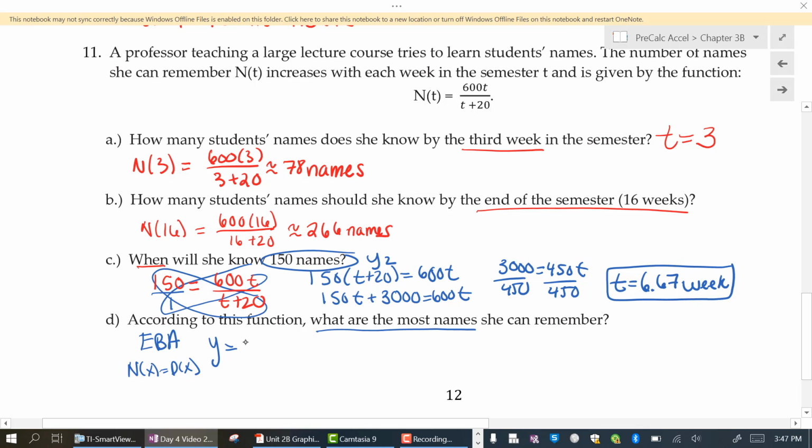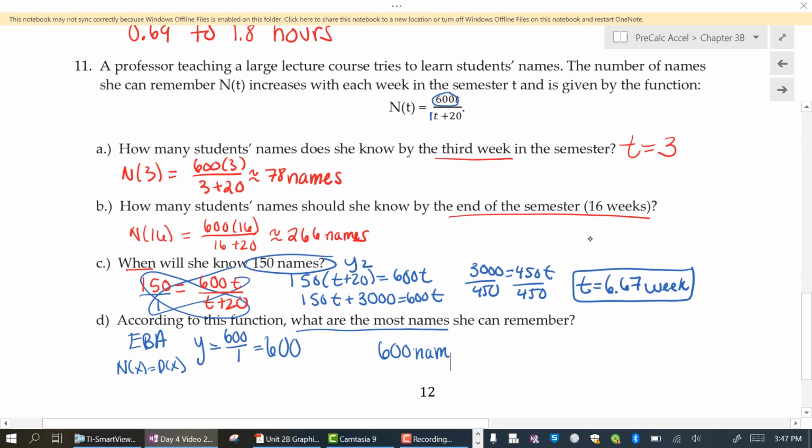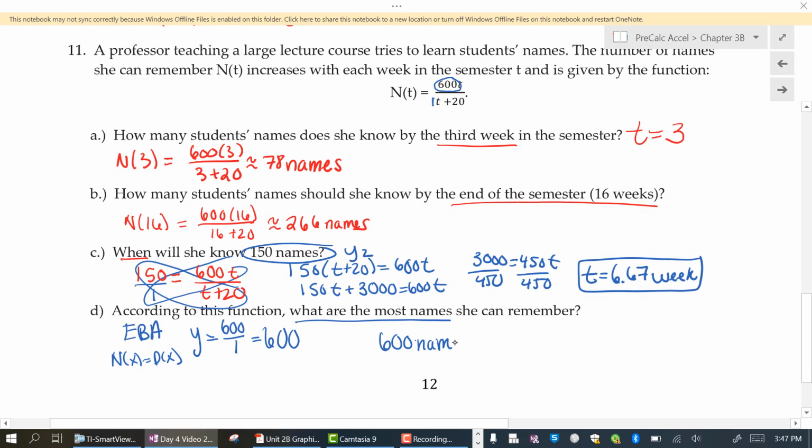So my end behavior asymptote will just be the coefficient of my numerator over the coefficient of my denominator. So my end behavior asymptote will be 600. So therefore 600 names is the most she will be able to learn, which makes sense because it actually doesn't say it's a 600-person lecture, but I would bet it's about a 600-person lecture.